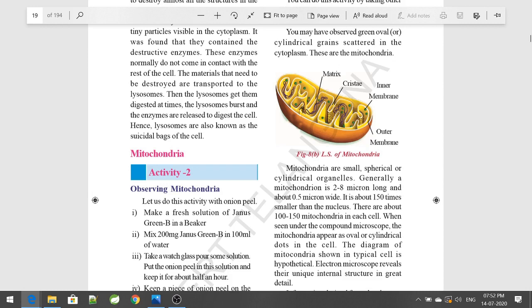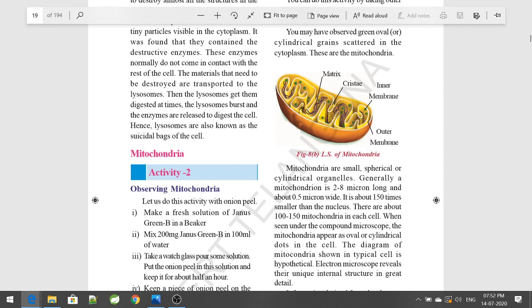So what all is present in the LS, meaning longitudinal section? Longitudinally it is cut into 2, and inside it is like this. This is called the matrix. These are cristae, small ones you can see here.